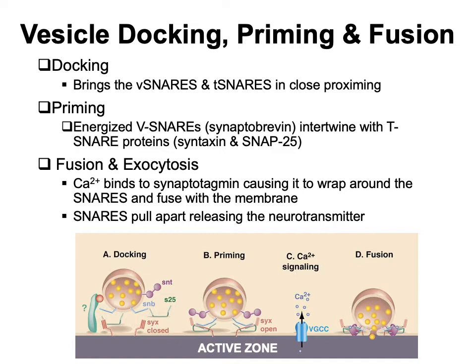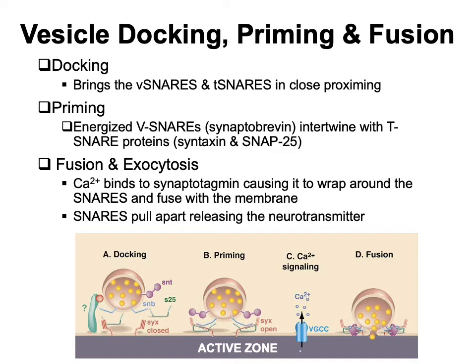Fusion occurs when the second influx of calcium at the active zone binds with synaptotagmin, one of the transmembrane proteins on the vesicle, and it will stimulate the synaptobrevin to want to bind with phospholipids in the presynaptic membrane.